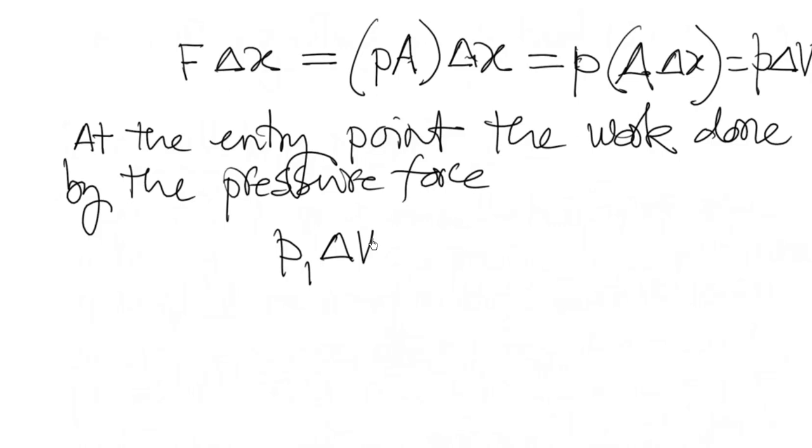and the work done by this system is minus P2 into delta V, which is at the exit point.